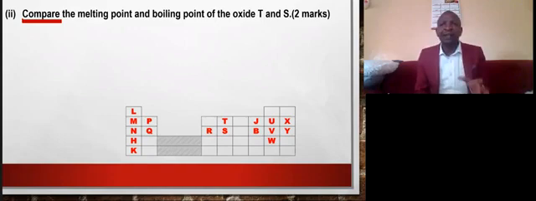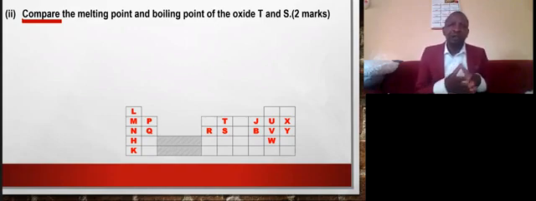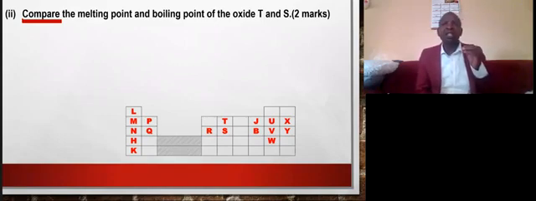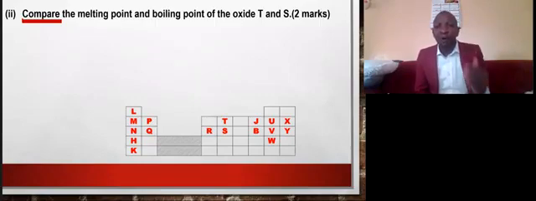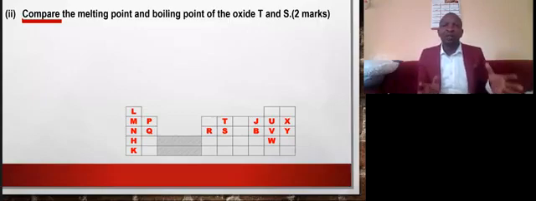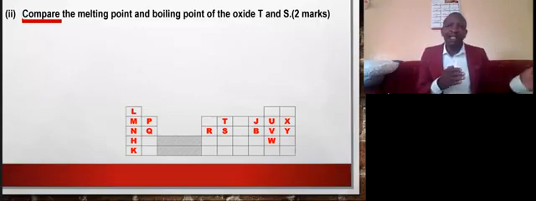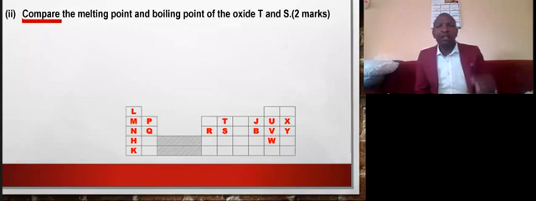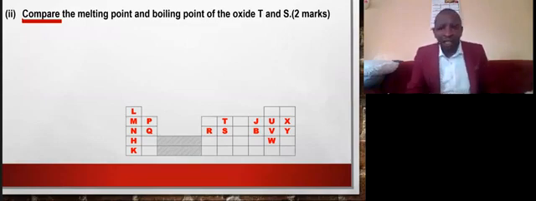So what I am saying is, first of all, the statement of comparison: the oxide of S has a higher melting point than the oxide of T, because the oxide of T has a simple molecular structure whereby the molecules are held together by weak van der Waals forces, while the oxide of S has a giant covalent structure with very strong covalent bonding.